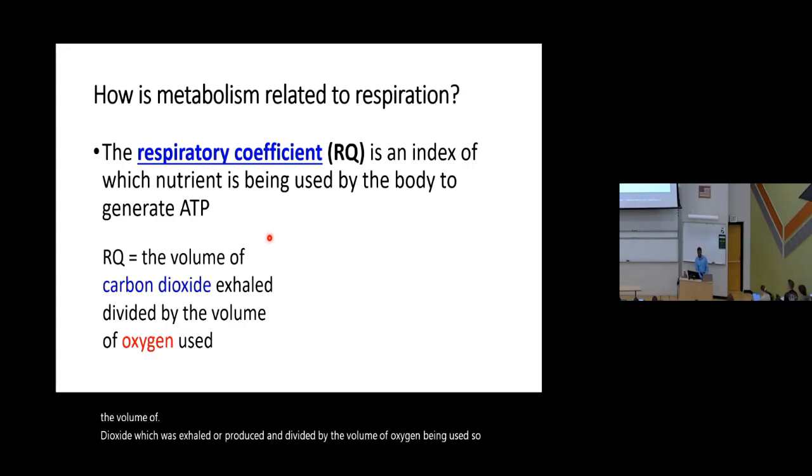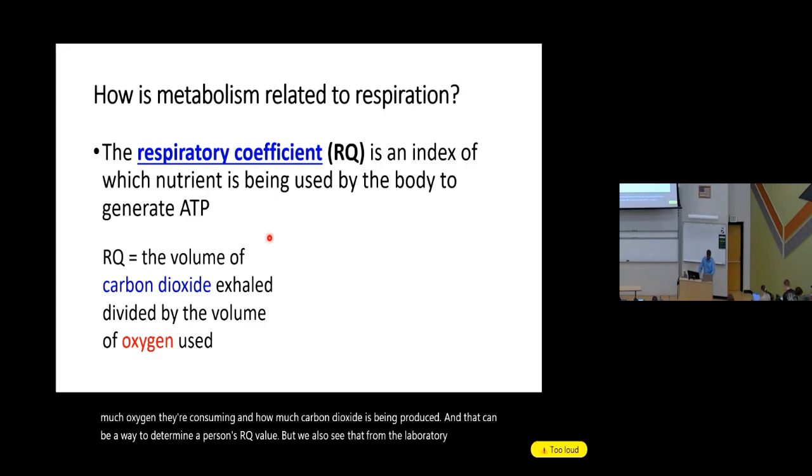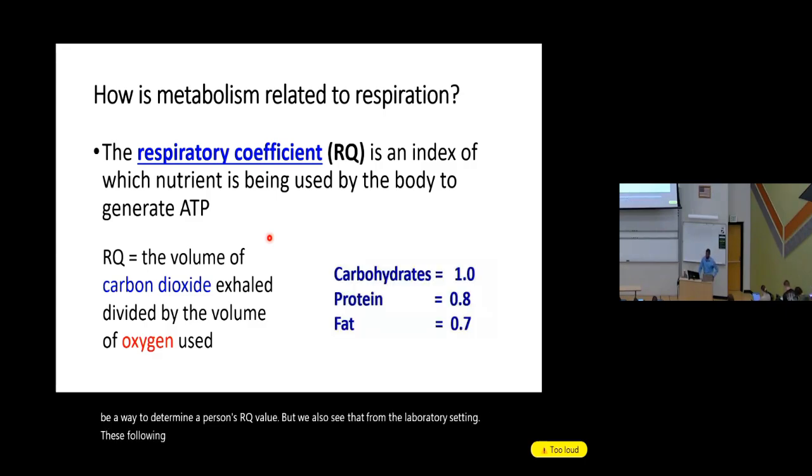So in a laboratory setting, they could take individuals and put a mask on their face and see how much oxygen they're consuming and how much carbon dioxide is being produced, and that can be a way to determine a person's RQ value. But we also see that from the laboratory setting, these following values were determined as well.